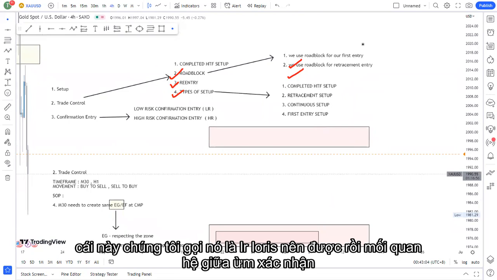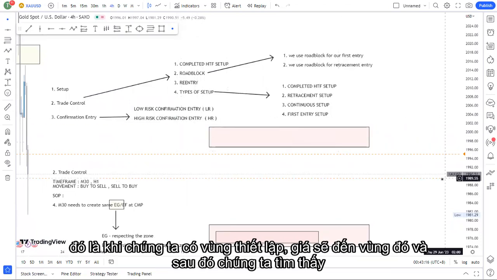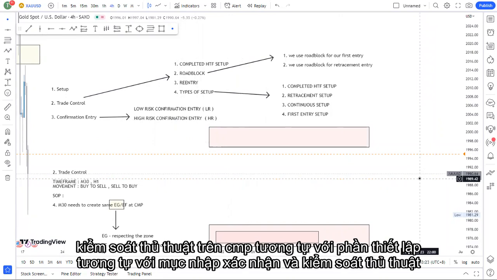The relation between confirmation entry and trade control is totally the same as setup and trade control. When we have the setup zone, the price gets to the zone, and then we find the trade control on the CMP.